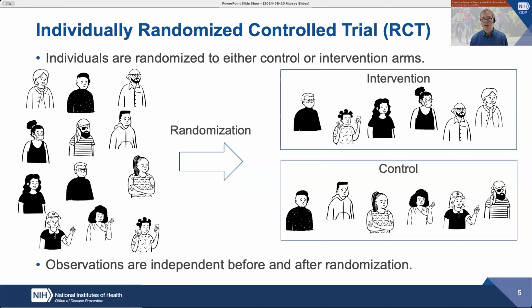And observations are assumed to be independent among the participants before and after randomization. We can assure this if the participants don't interact with one another, if they don't interact with a shared intervention agent, if they're really just completely separate from one another after randomization and once the study begins.